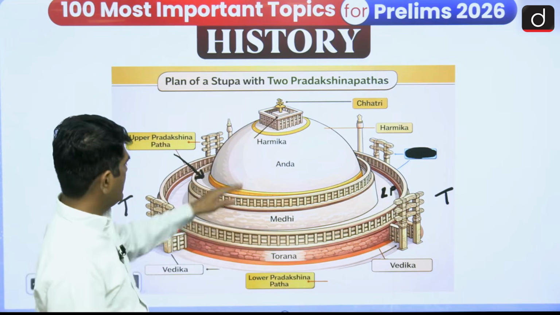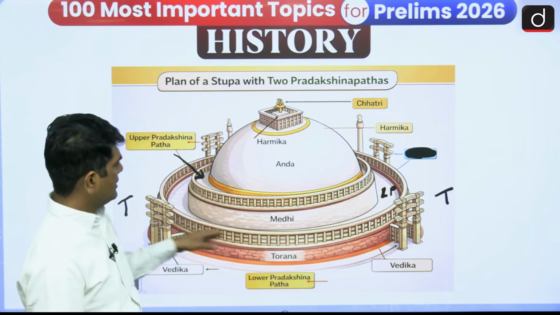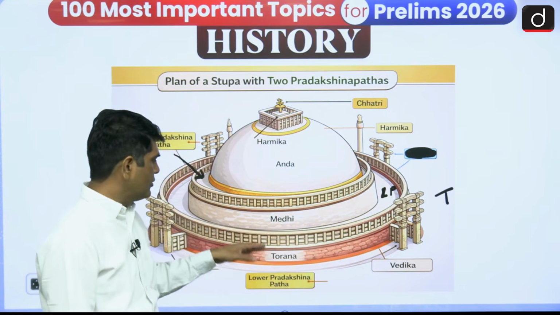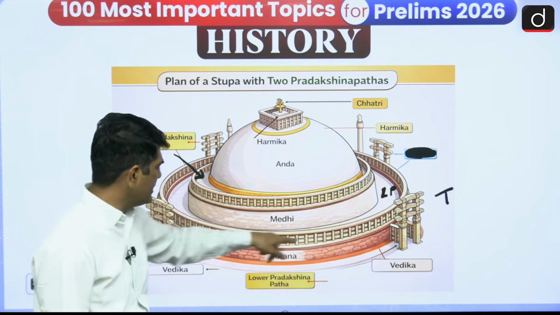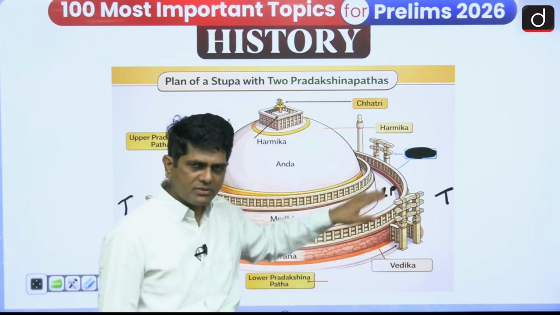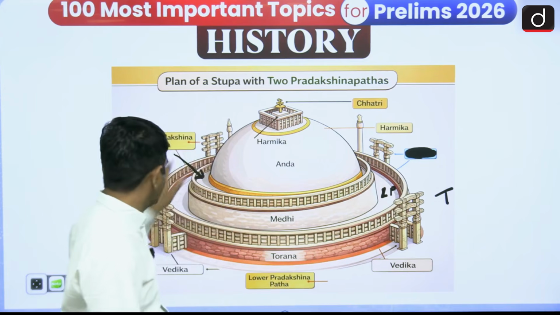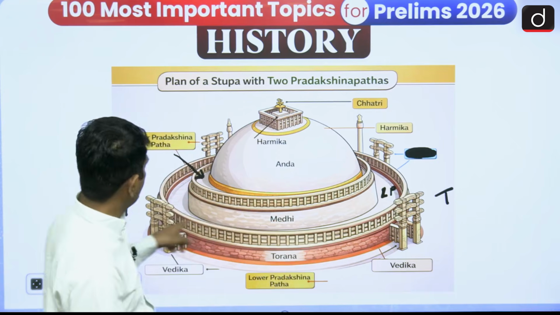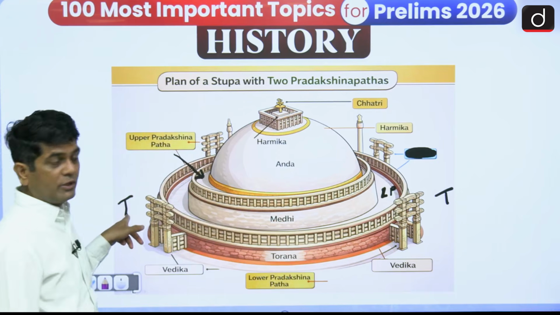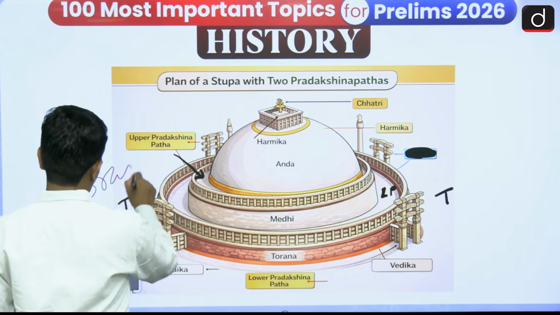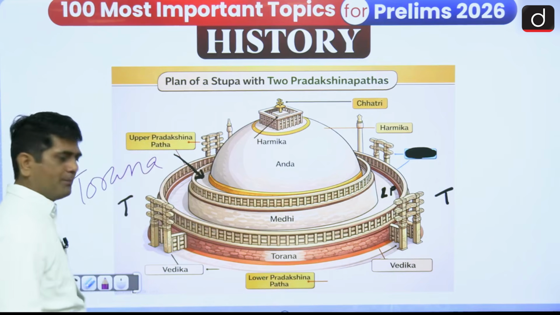Getting my point? Then here we have small railings known as Vedika. And on this Vedika, we have the four gateways representing the four cardinal directions, known as Torana. Remember, dear, Torana.